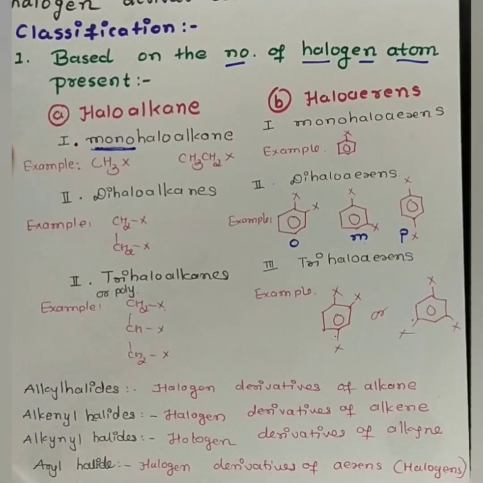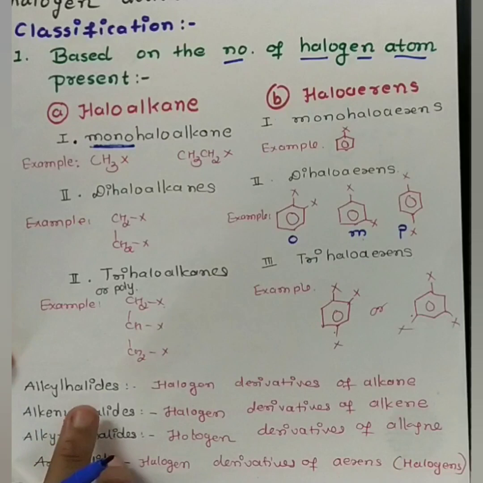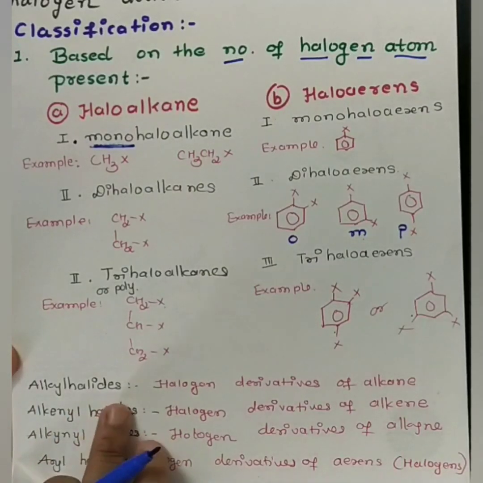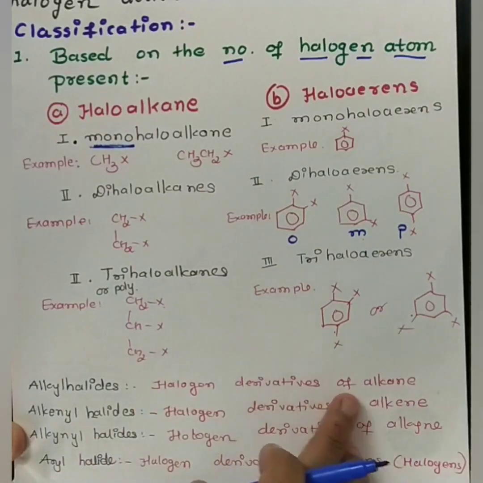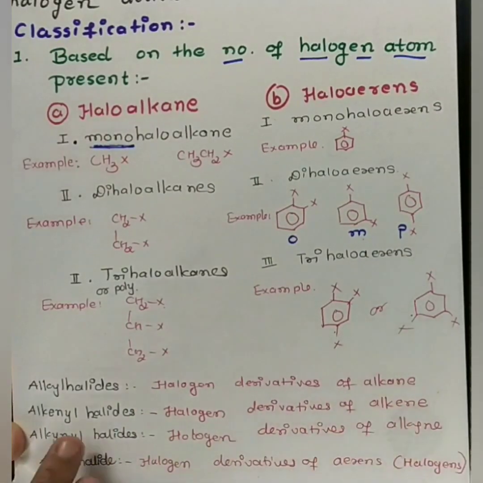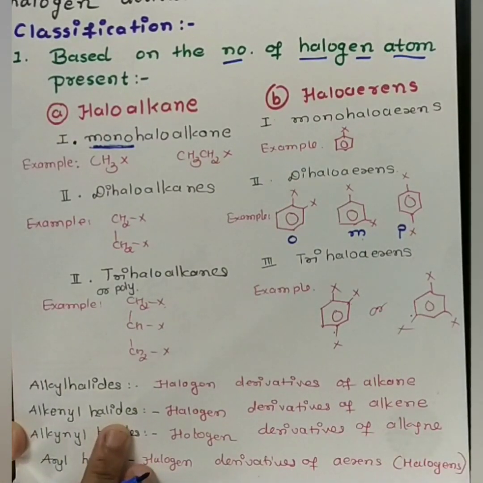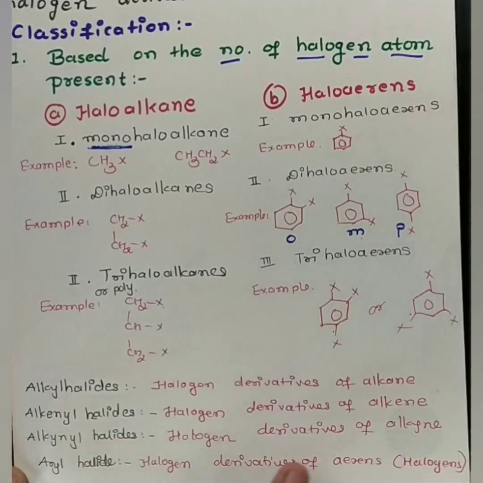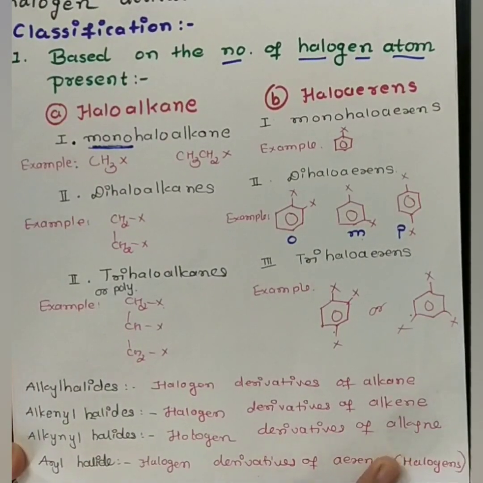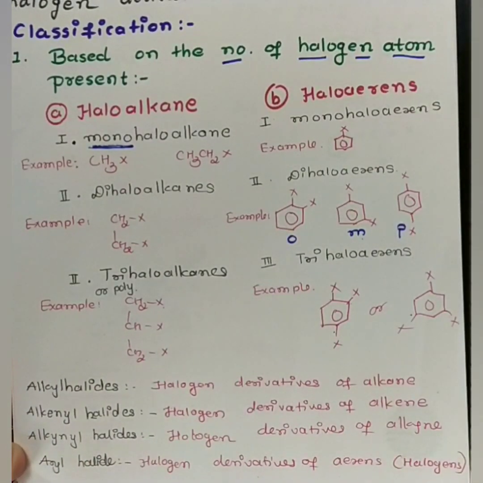Next are alkyl halides. Just now we have discussed halogen derivatives of alkanes. Alkenyl halides are the halogen derivatives of alkenes. Alkynyl halides are halogen derivatives of alkynes. And aryl halides mean halogen derivatives of arenes.